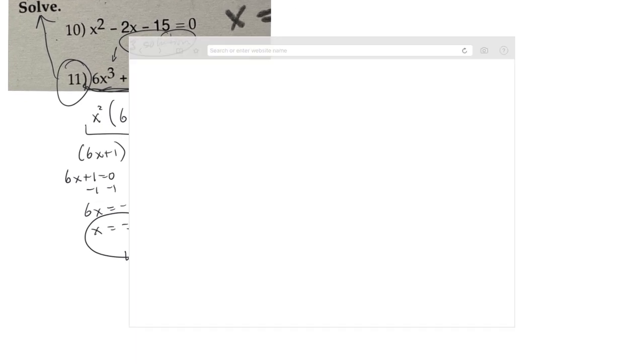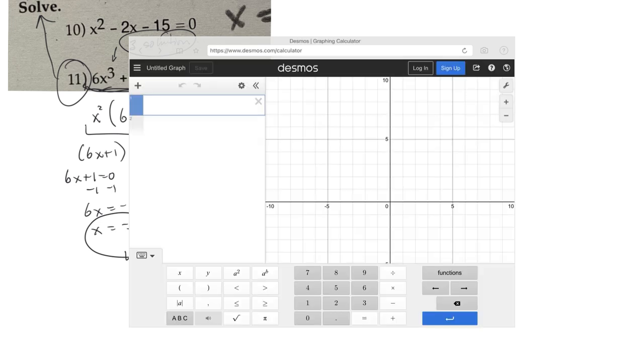So let's go into decimals here, and let's graph it. So it's y equals 6x cubed plus, I forget what it is. Oh, how did I do a bottom 3 like that? 6x to the third, okay, plus x squared, I think it was.